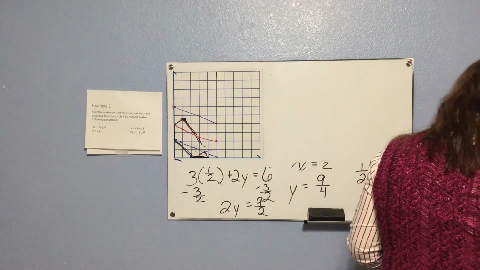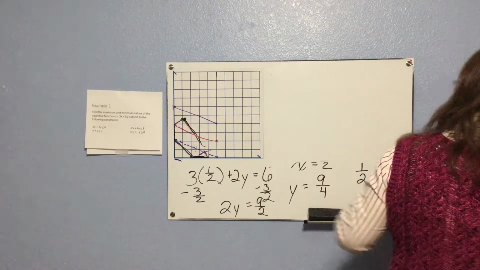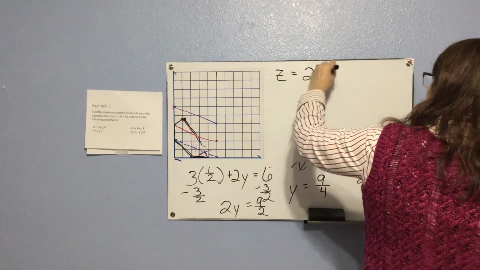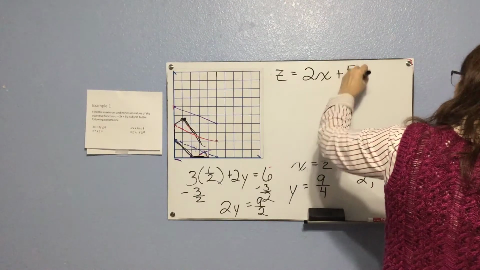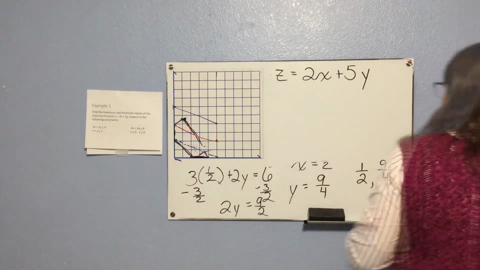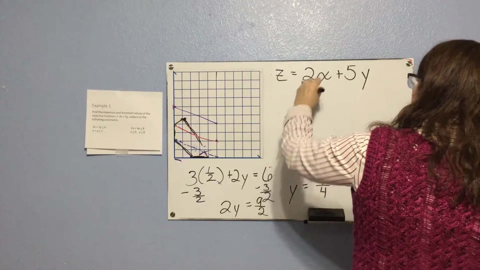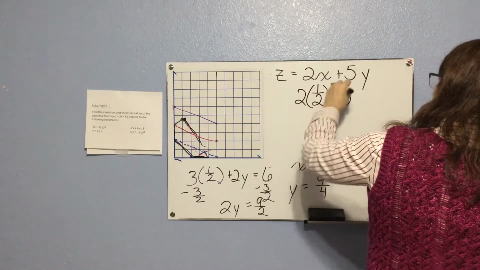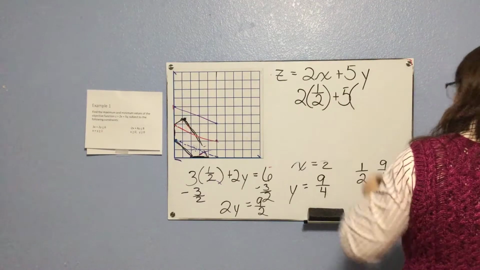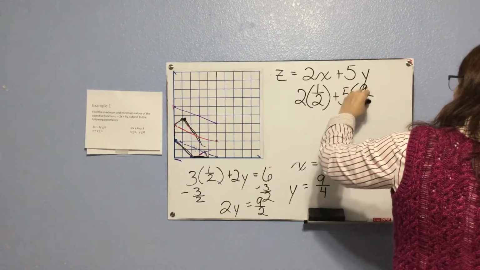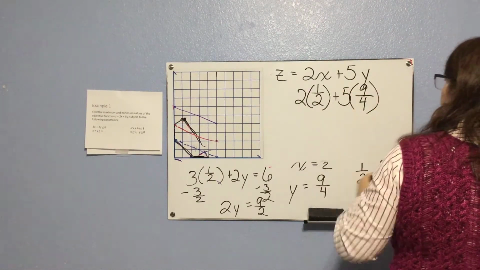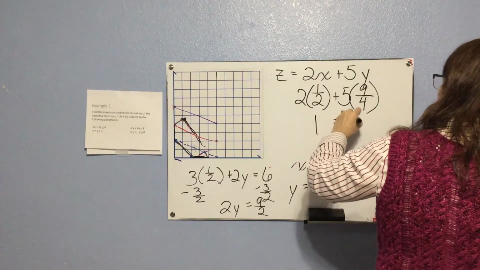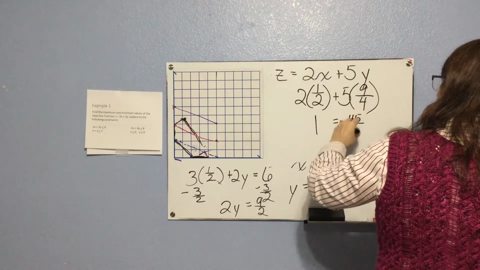Remember our objective function, z equals 2x plus 5y. So we're going to have 2 times 1/2 plus 5 times 9/4. Well, this is 1. That's easy. This is 45/4.